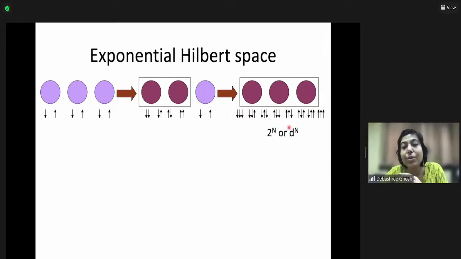So with system size n, it goes as 2 to the power n. If it was an orbital system, it would be 4 to the power n. So whatever is the dimension of each site, to the power of the system size, this is an exponentially scaling problem.